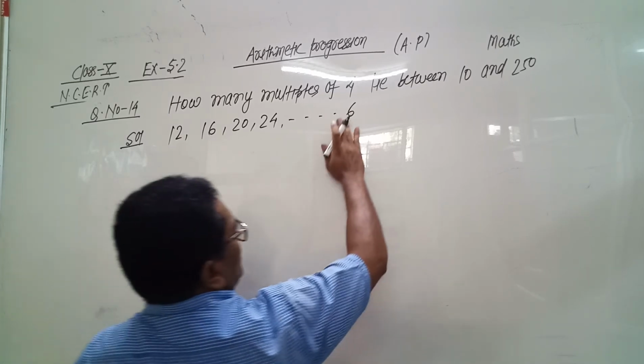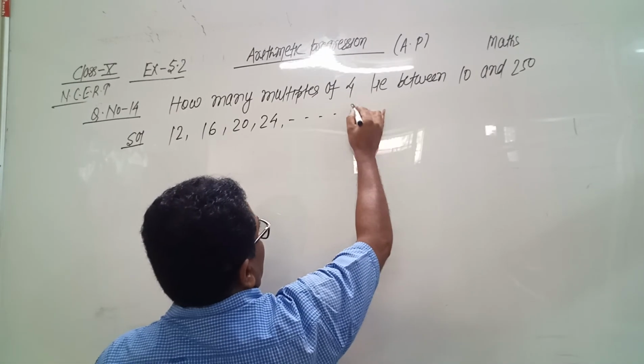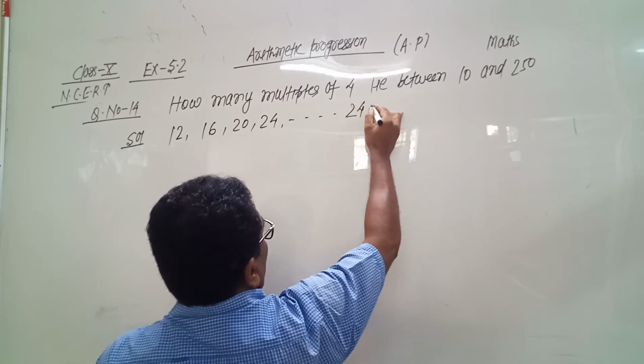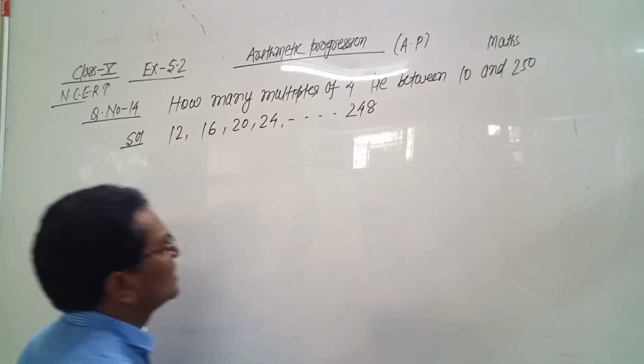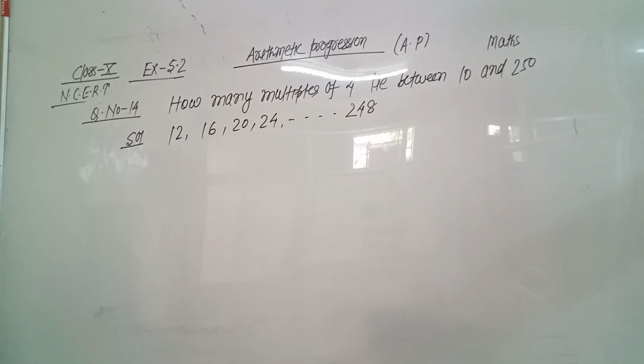So 248 is the multiple of 4 that lies just before 250.